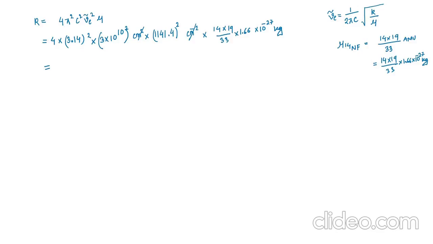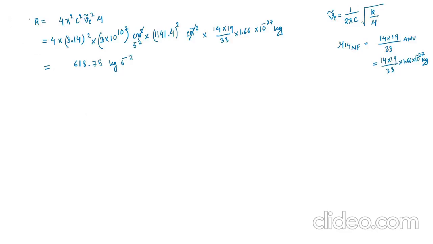4 into 3.14 square into 9 into 10 to the power 20 into 1141.4 square of that into 14 into 19 divided by 33, 1.66 into 10 to the power minus 27. So this is giving us 618.75 kg, I have missed this unit also, s to the power minus 2.